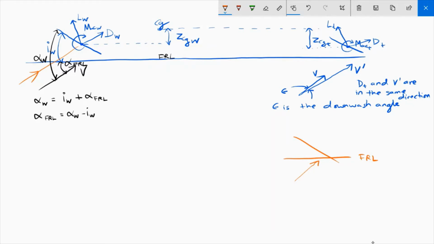The relative wind seen by the tail is going to be turned downwards. So let's say this is the relative wind seen by the tail, and this is your DT. And in this example, just because I've already sketched it in this way, let's imagine that this is the aerodynamic center. Okay, so this is where the resultant force is exerted. The lift is going to be normal to the drag, so this is LT.